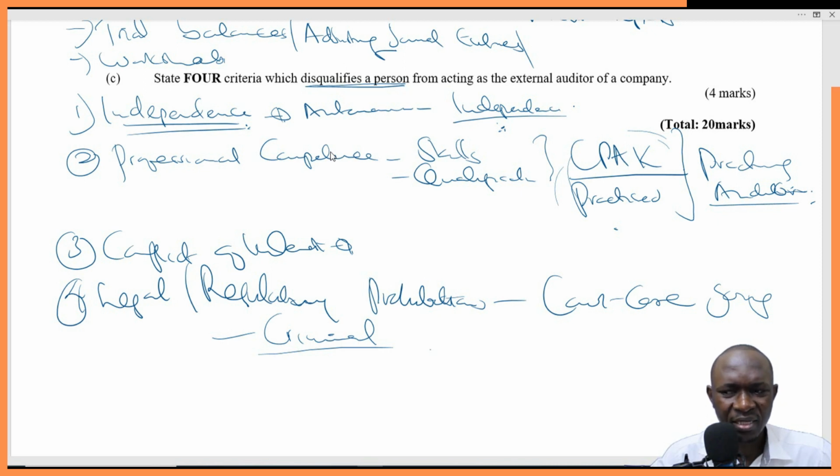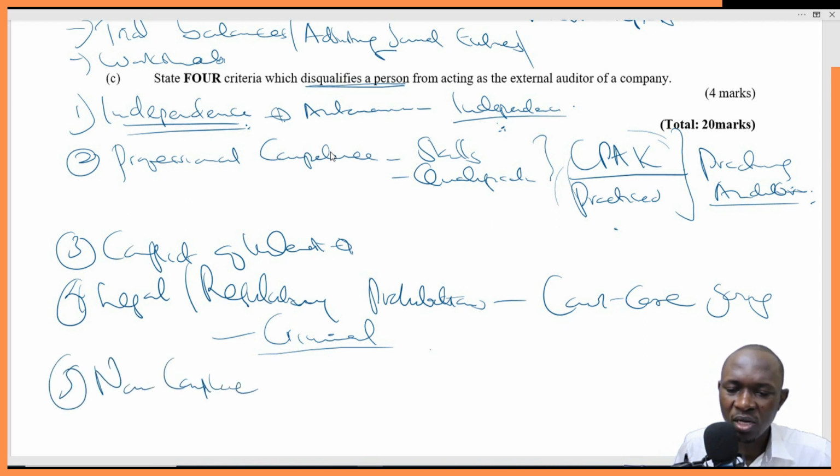So once they disqualify you from acting as an external auditor of companies that fall within the jurisdiction, it simply means that you cannot work for those companies. So that is also one of the possibilities of how an auditor might be disqualified from performing his or her duties as an external auditor. Then non-compliance with ethical and professional standards is also one of the reasons.